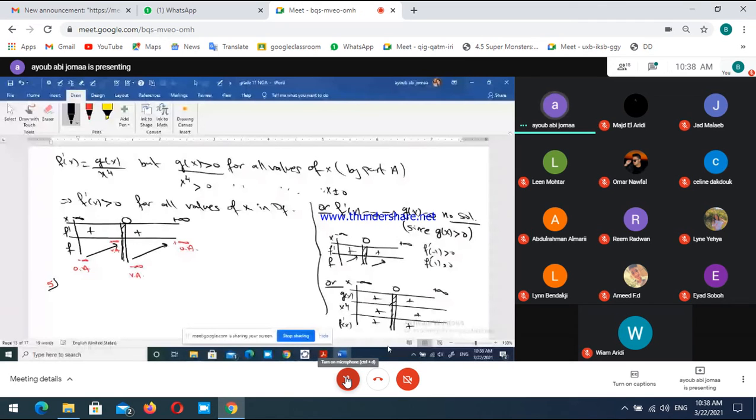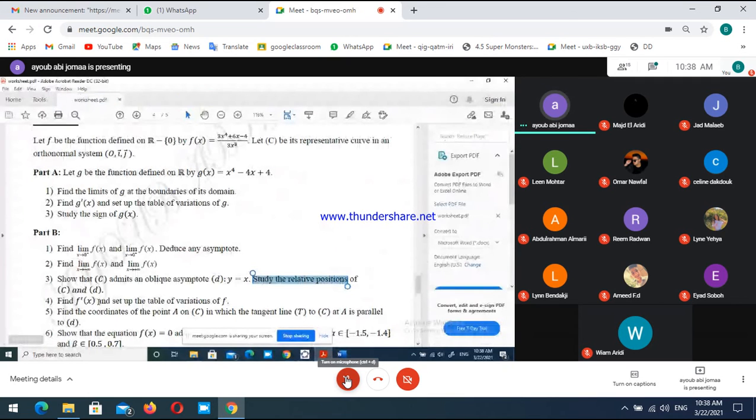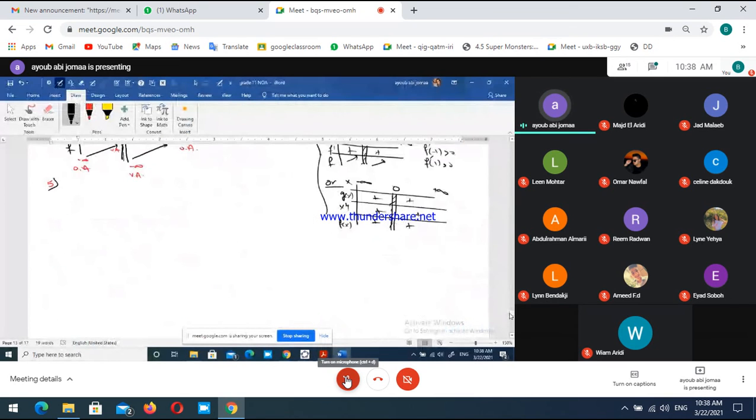Okay, welcome. In part 5, find the coordinates of the point A in which the tangent line T at this point is parallel to line D. So here you have to find the coordinates of point A, in which the tangent line to the curve at A is parallel to the straight line D of equation y equals x.